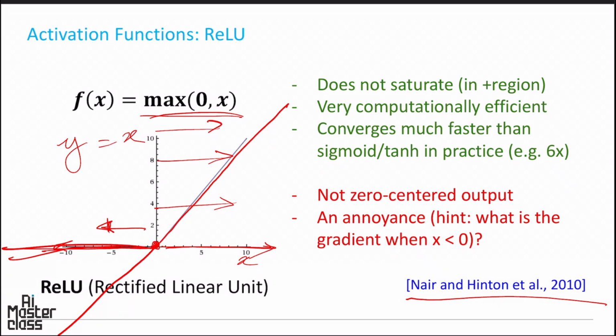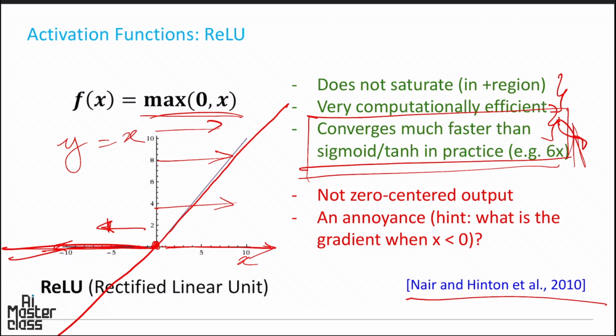Now, what are the advantages of this nonlinearity? One, it does not saturate in the positive region. It's computationally very efficient, and it converges much faster. We have found empirically that in practice it converges much faster than your sigmoid or tanh. What are still the issues?